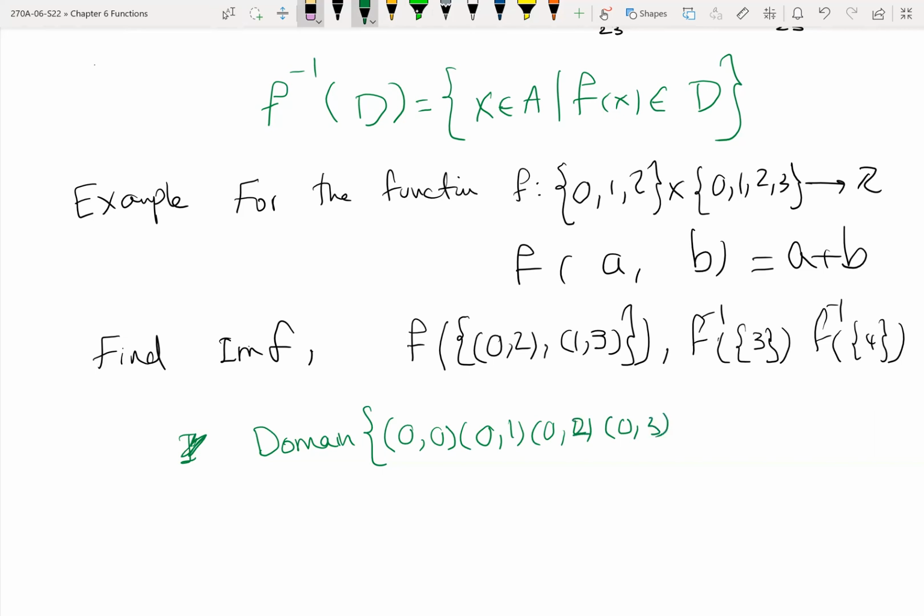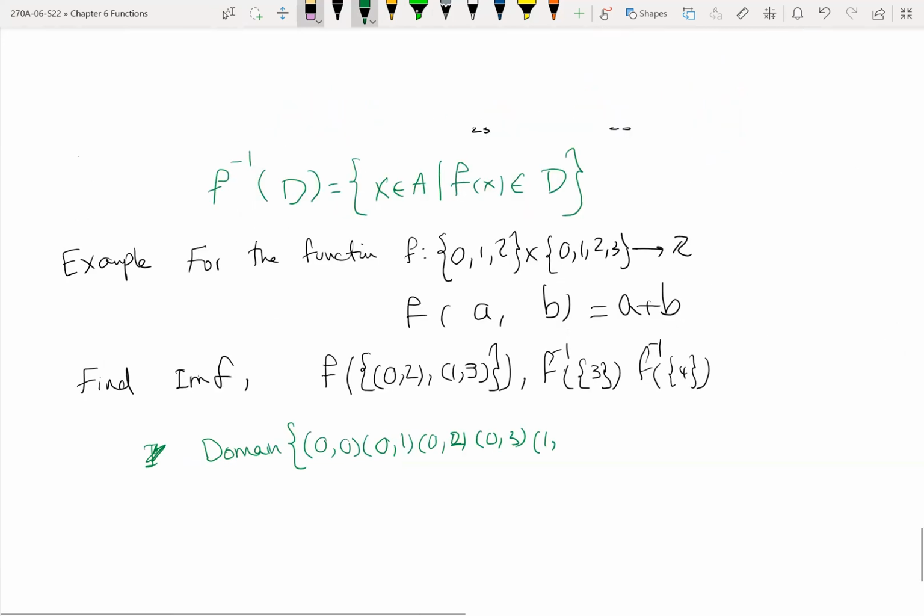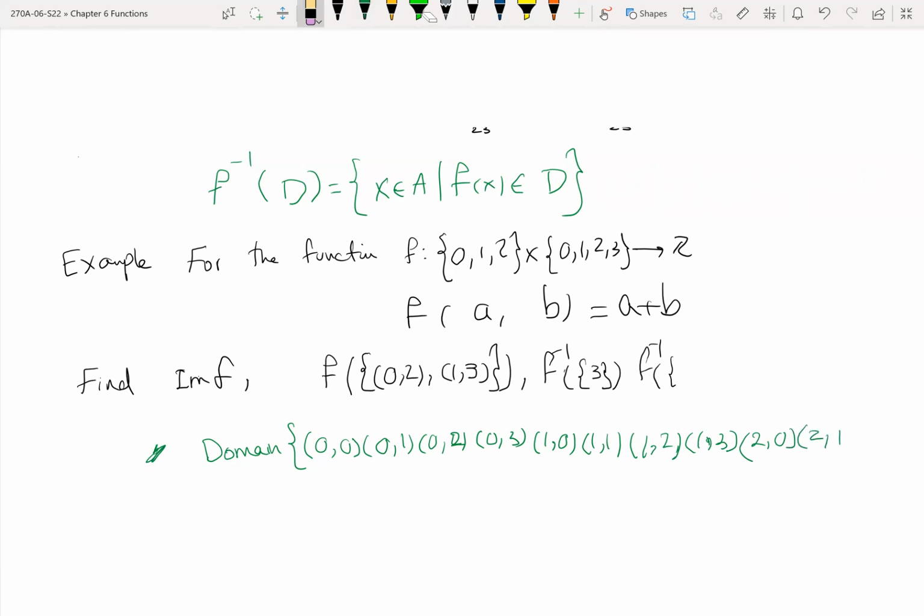This is fine. Then (1, 0), (1, 1), (1, 2). Is there anyone who can't follow what I'm doing? (1, 3). And then I have (2, 0), (2, 1).